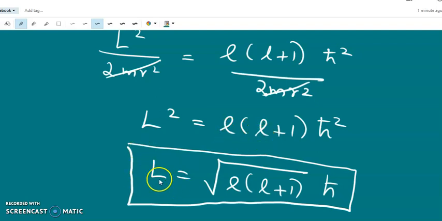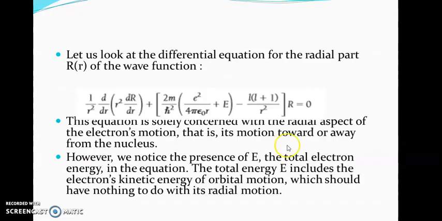So therefore, capital L of the electron in the hydrogen atom is quantized, according to the equation capital L is equal to root of small l into l plus 1 cross h. The orbital angular momentum magnitude cannot take all the possible values. It can take values given by root of l into l plus 1 cross h.